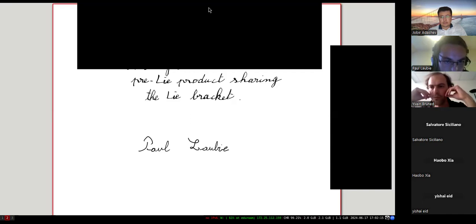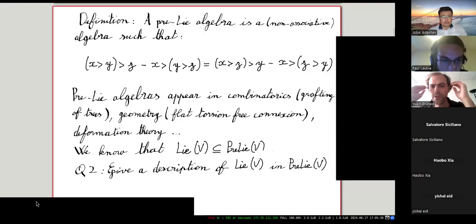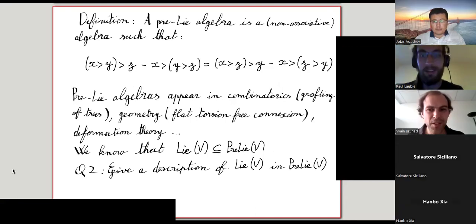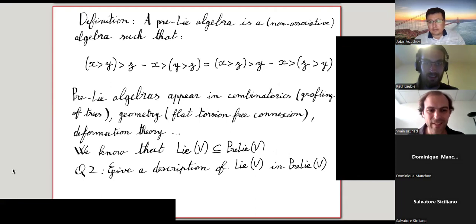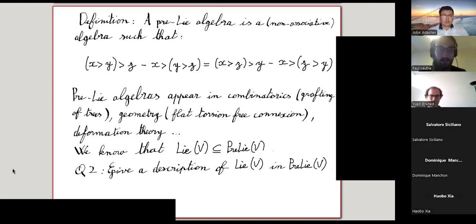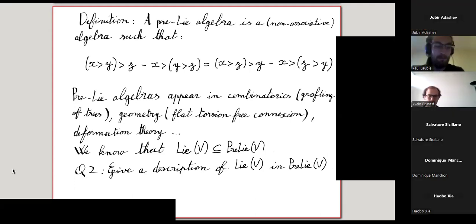Oh, yes. Now for me, it's better. Yeah, a black rectangle on the right, but it's not covering the slide. Is it better, Dominique, for you? Yeah, it's okay, except two black boxes, but they don't hide the text. So yeah, it should be okay. Okay, well, I apologize for the inconvenience, but since I'm not at the university, I have to use my small computer.